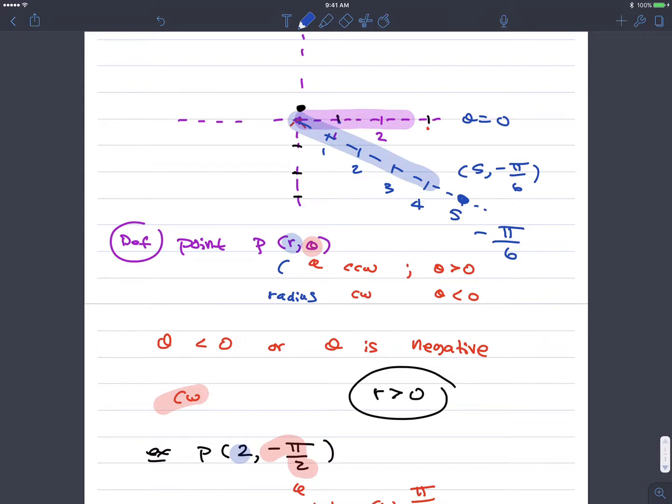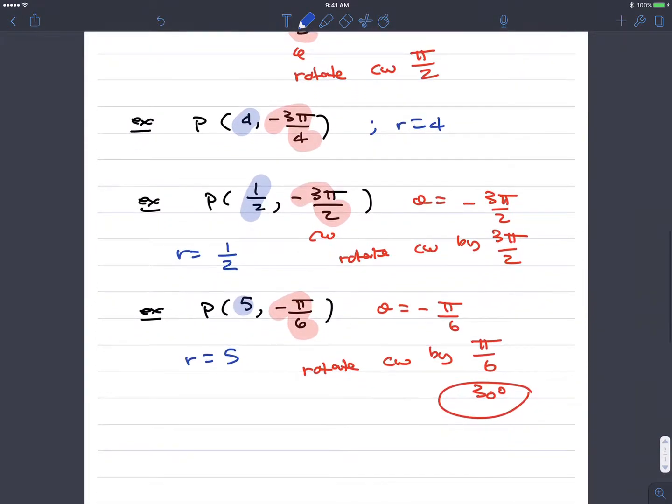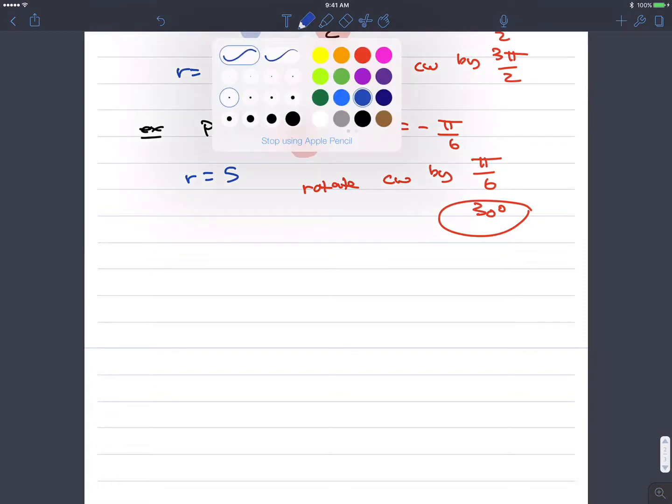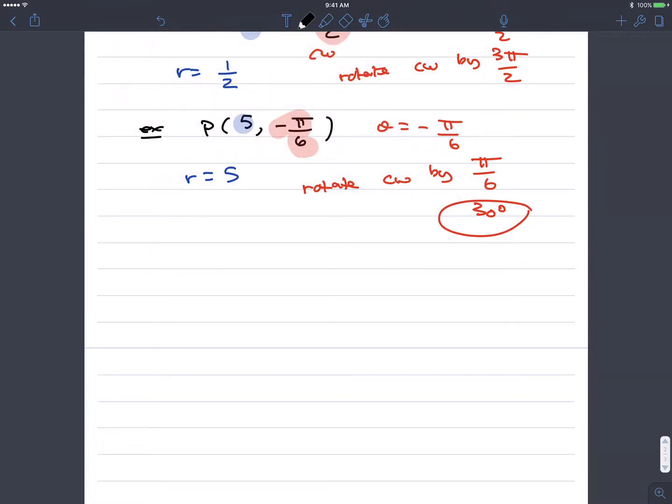So I want to give you guys at this point at least a fact to consider. I already talked about it, but I want you guys to note the following, okay? That you may have a point called r theta.